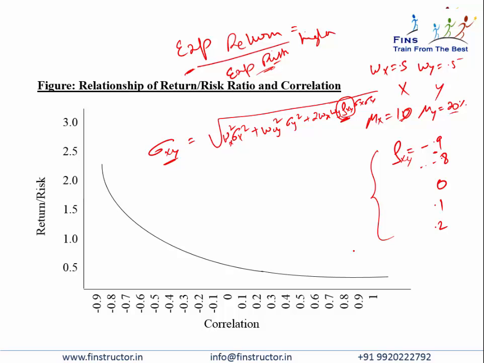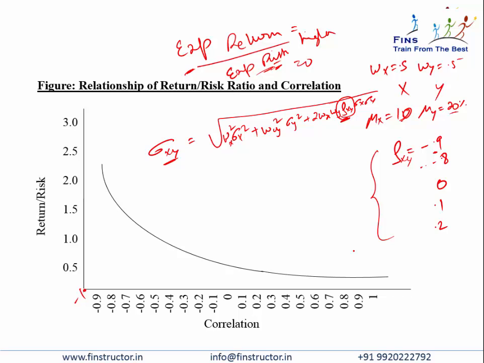Now, this graph just depicts that as the correlation goes down, this ratio improves exponentially. So for a correlation of minus 1, the ratio actually becomes infinite. That is, risk can even become 0 if the correlation is exactly minus 1 between the two assets.